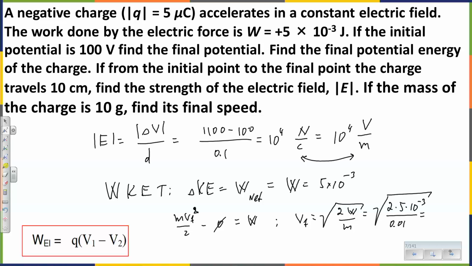So 10 to the negative 3, and 10 to the negative 2. I think it's 1. You have a calculator, you can check it. Don't trust me. Never trust anybody without a calculator. Hmm? It's 1.